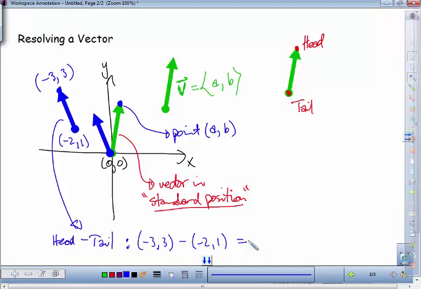Subtracting points is kind of weird to think about, but if we look at the points as vectors anyways, we're going to get into this a little bit later on. So -3 minus -2 is -1, and 3 minus 1 is 2. So we must be at this point, -1, 2. We can call that the vector -1, 2, either using parentheses or those brackets.